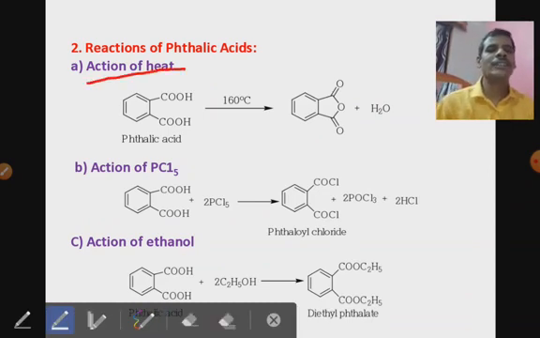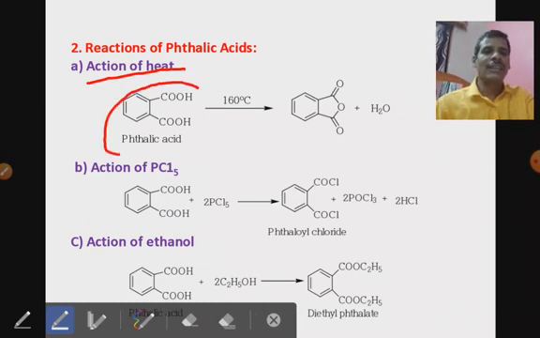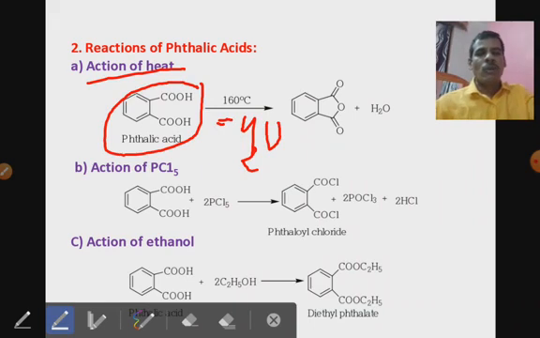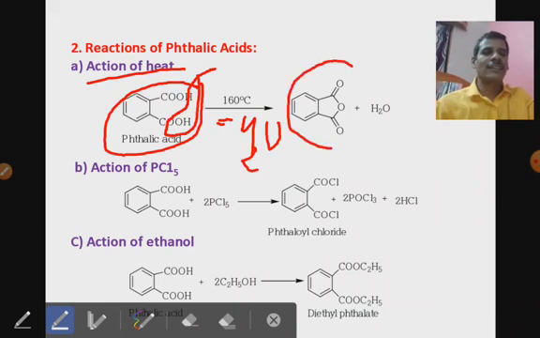No reagent or chemical is used, only a simple physical treatment, heating. When phthalic acid is heated, dehydration, that is removal of a water molecule, takes place, a 5-member ring is formed, and phthalic anhydride is formed.